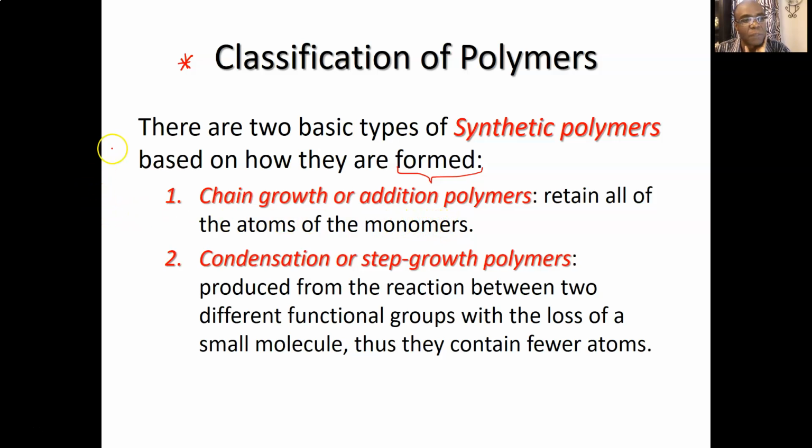But let's talk about classification according to the way they are synthesized, the way they are made, to make synthetic polymers. So the first class is chain growth or addition polymerization. Very simple to understand. You're growing the chain or you're adding monomers to themselves.